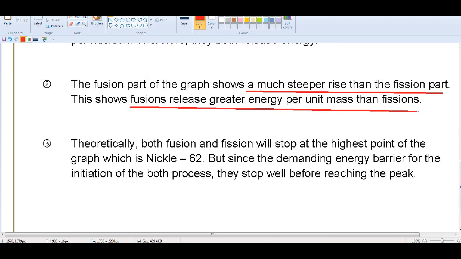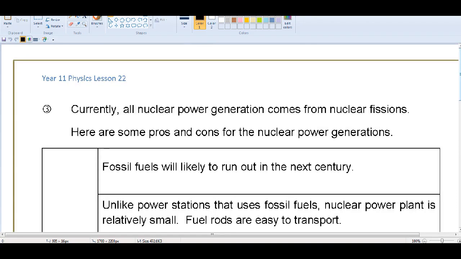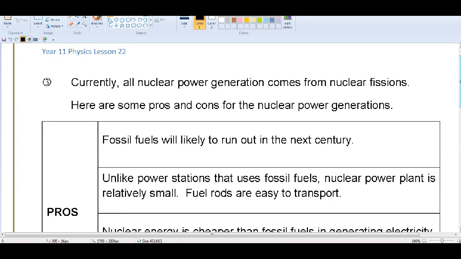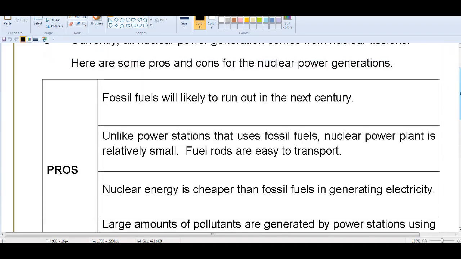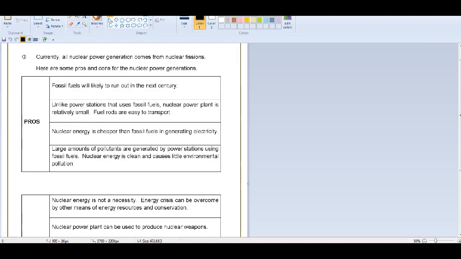In my notes I give you some extra reading about the pros and cons of nuclear power plants. I know that for the assessment, the investigation project, some questions are related to nuclear power generation.